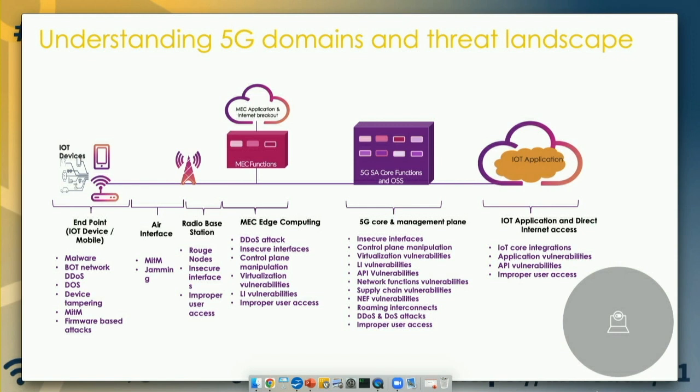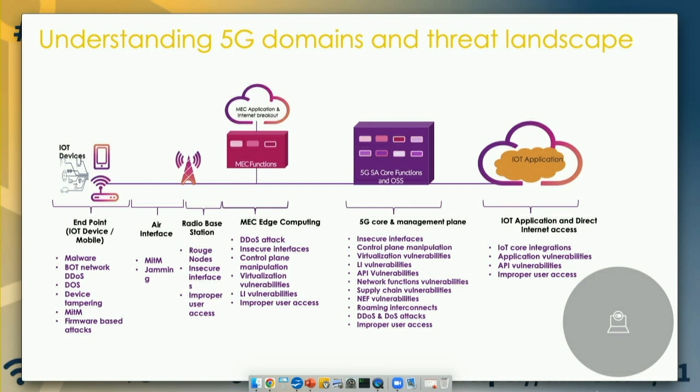The devices, as I highlighted in earlier slides, can pose a major risk. It can be due to a low security posture, infected firmware and applications, backdoors, which can lead to anything, including DoS, denial of service.